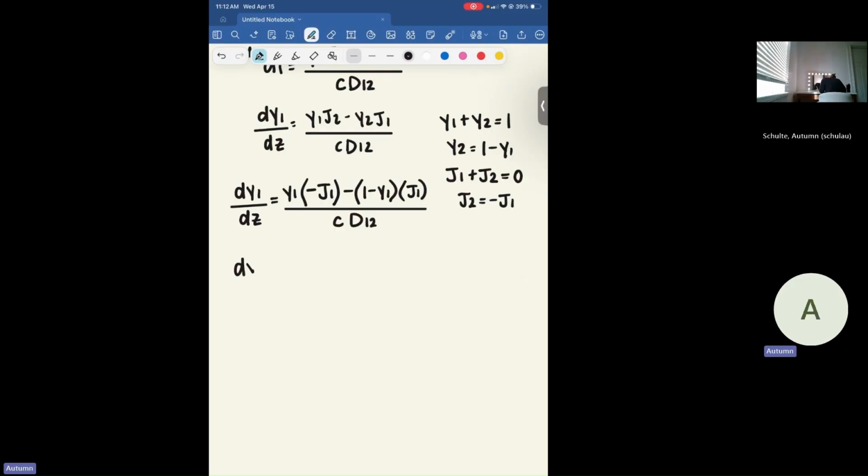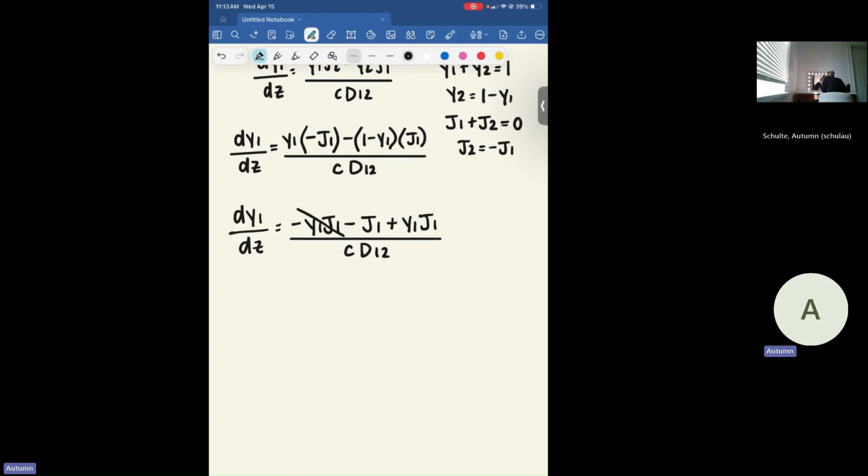Now we can simplify our equation if we start to distribute in. This is going to be negative the mole fraction of component 1 multiplied by the molar diffusive flux of component 1 minus the molar diffusive flux of component 1 plus the mole fraction of component 1 multiplied by the molar diffusive flux of component 1, divided by our overall molar concentration and our diffusive constant of components 1 through 2.